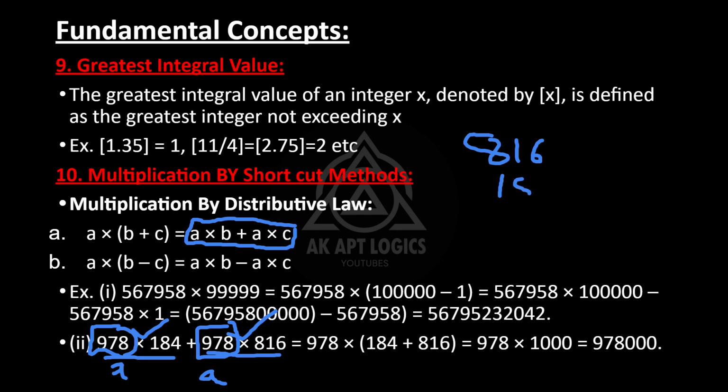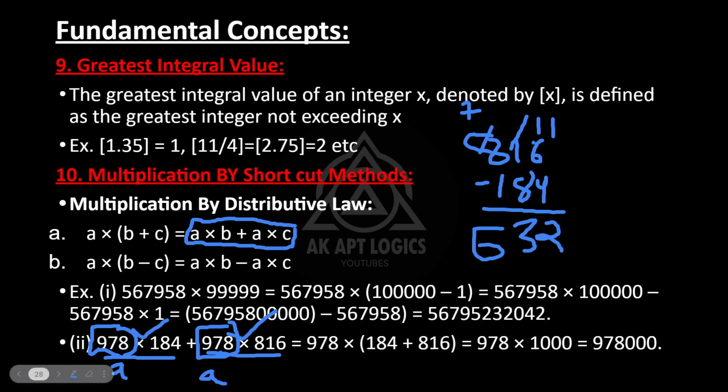First of all, let us try subtraction. 816 minus 184: the result will be 632.